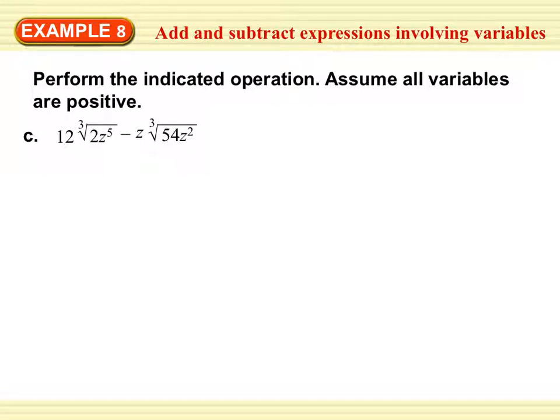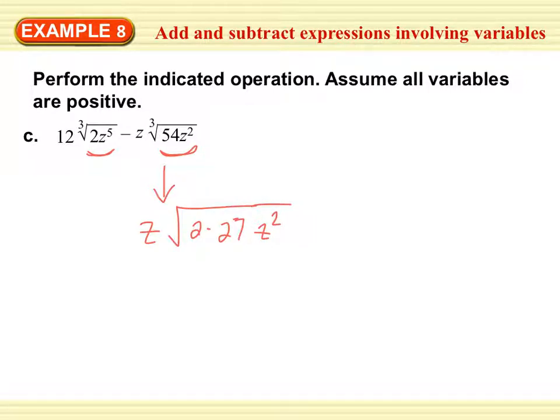Let's see, here I have 2z to the 5th, not 2z to the 5th, but that radical can change to 2 times 27, z squared, did I say to the 5th?